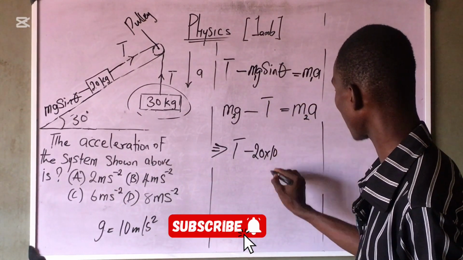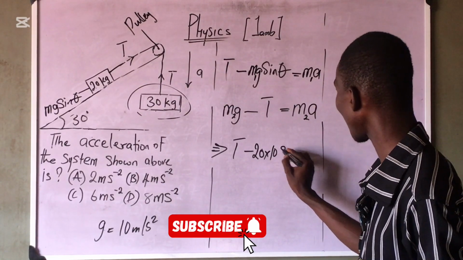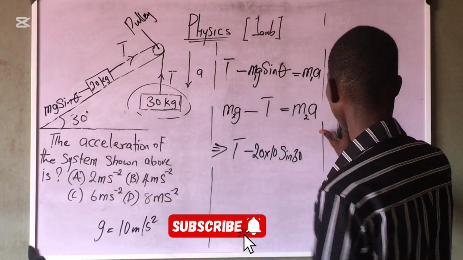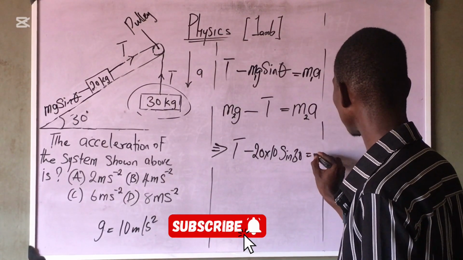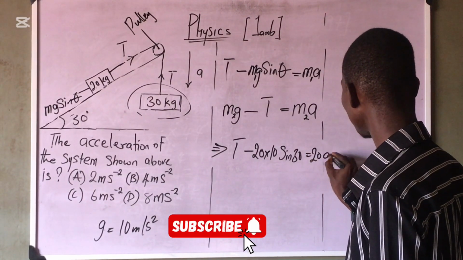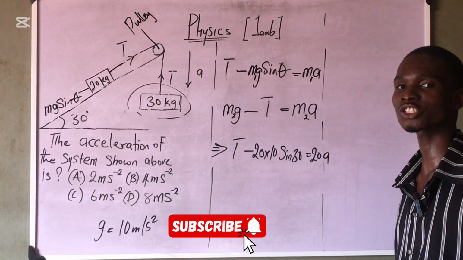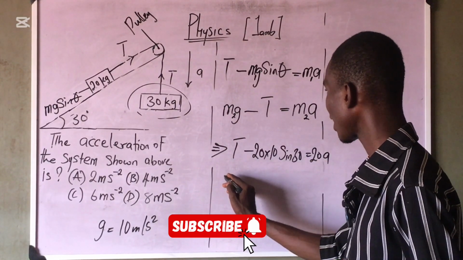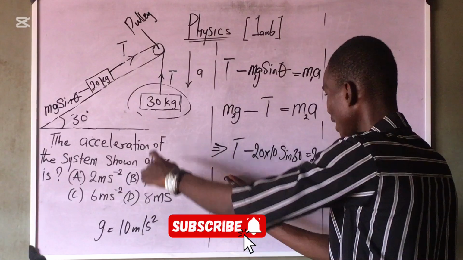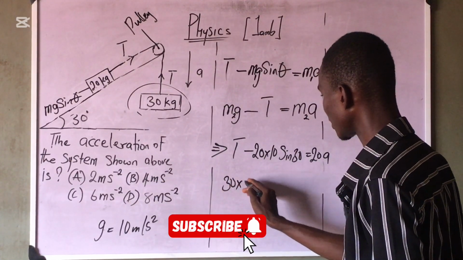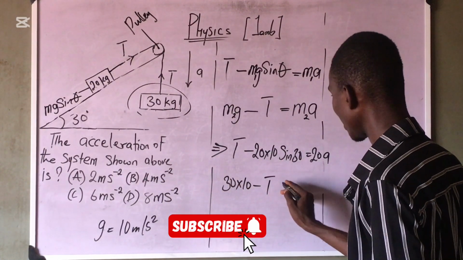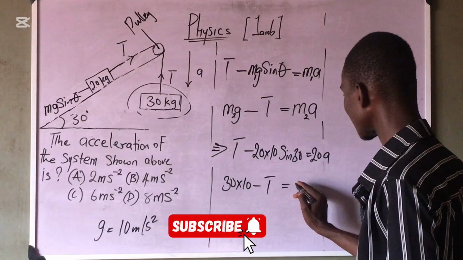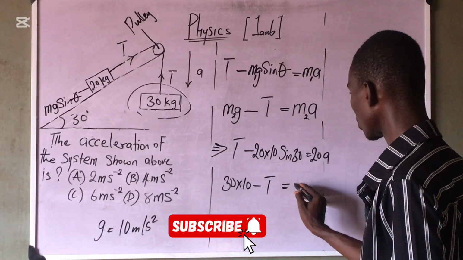I will apply that times sine 30 degrees, which is the angle, to be equal to 20a, and the acceleration here is unknown. Then over to the other one, I will have m2, which is 30, times 10, minus tension, to be equal to m, which is 30, times a.